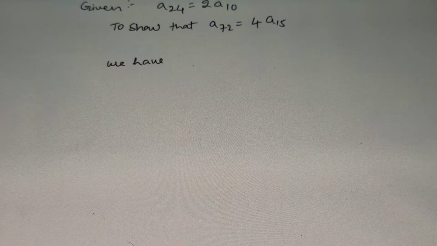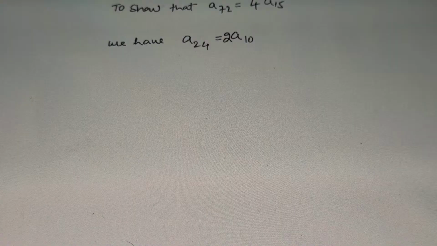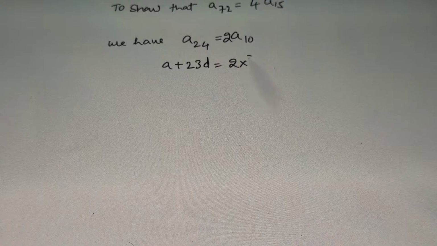We have A24 is equal to 2 into A10. A24 can be written as A plus 23D, is equal to 2 into A10, which can be written as 2 into A plus 9D.